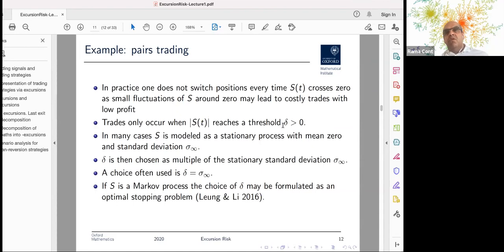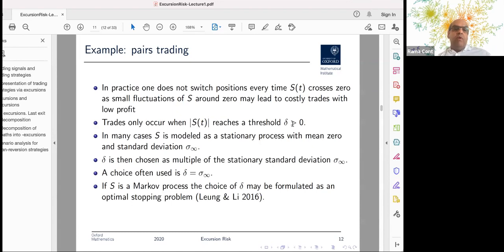It can be a statistical significance if you are doing a statistical forecast, or it can be simply a cost of transaction if you have to pay a spread every time you go in and out of a position. Then obviously you will not trade unless your signal is above that spread. So there's a threshold delta, which we will use a lot.